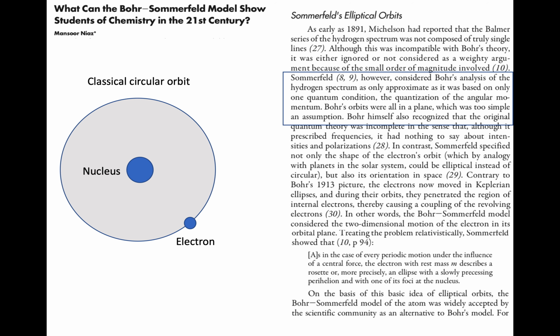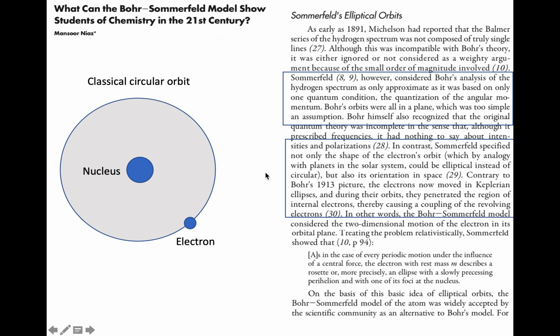So how do they begin to modify it? So Bohr's analysis of the hydrogen spectrum was not completely satisfactory. Bohr has really the simplest description. It only has one quantum number. It's putting electrons in these circular orbits that are all in the same plane.